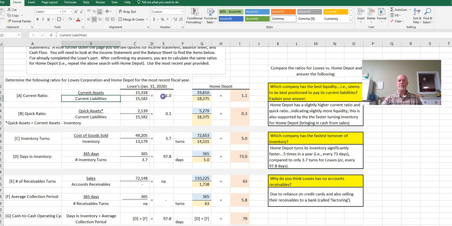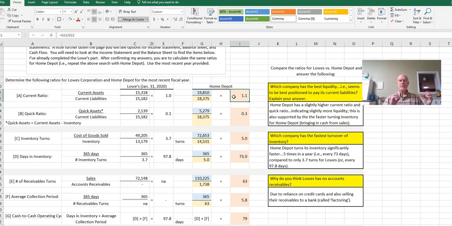For Lowe's, it's a current ratio of 1, which means that for every dollar of current liabilities, they have a dollar of current assets. Pretty close. Home Depot has a current ratio of 1.1. So for every dollar of current liabilities, they have $1.10 of current assets. So pretty close, a little more coverage for Home Depot.